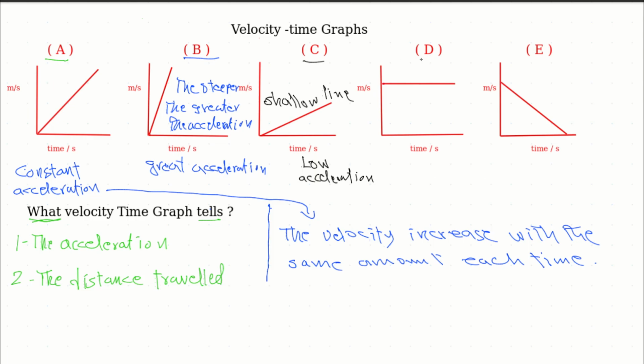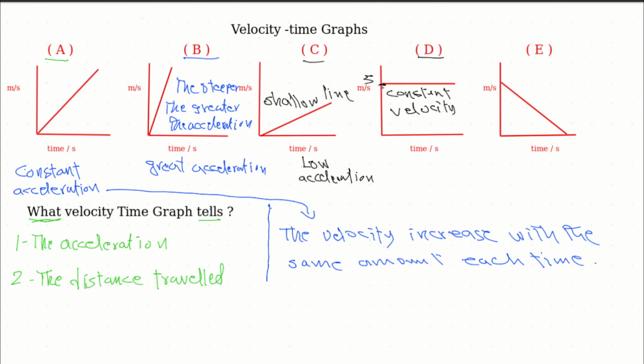Moving to velocity time graph D, we have a horizontal line, and a horizontal line in velocity time graphs is interpreted as constant velocity, not constant acceleration. Why is it constant velocity? Because, for example, let's say the velocity is 5 meters per second.